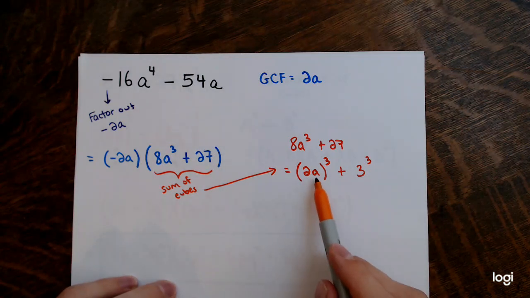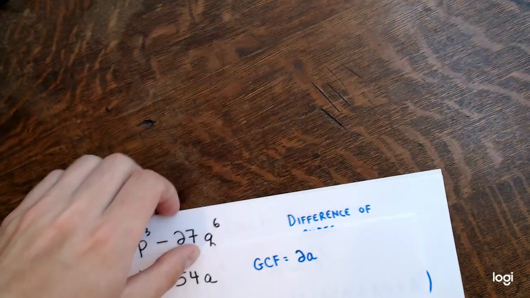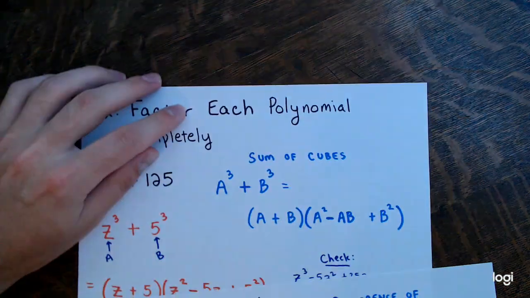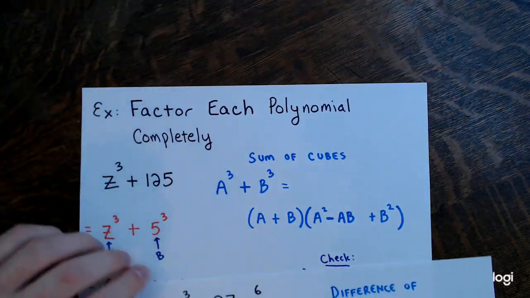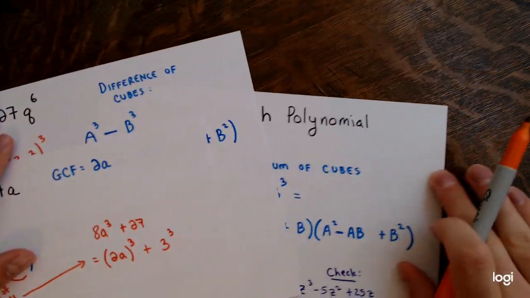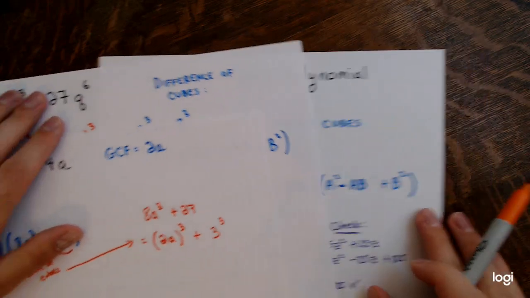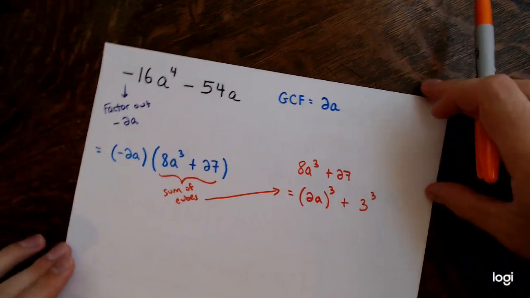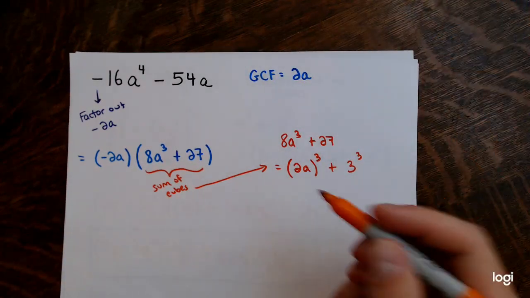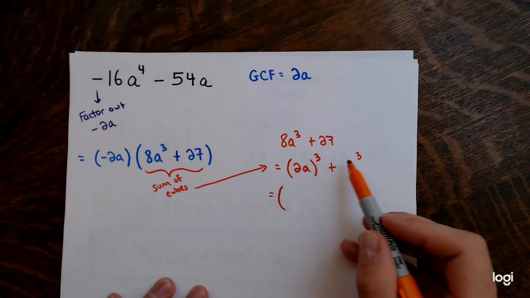Okay, so this 2a is like the capital A back in my sum of cubes formula, and the 3 is like the capital B in the sum of cubes formula, right? So it's going to replace capital B throughout. Okay, so the way this factors, one factor will be just get rid of the cubes.